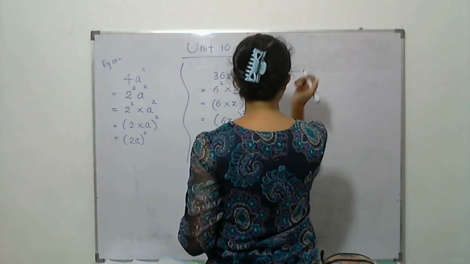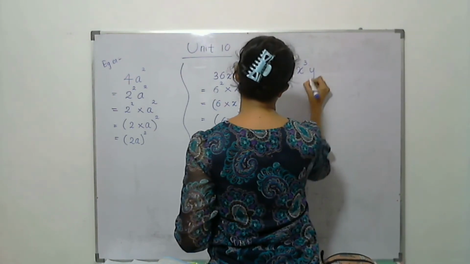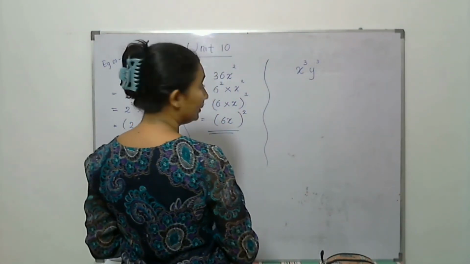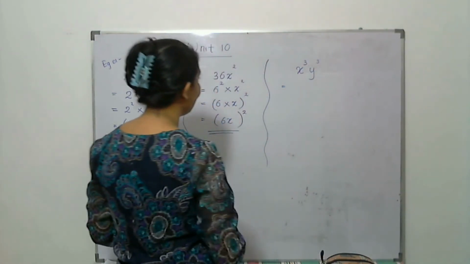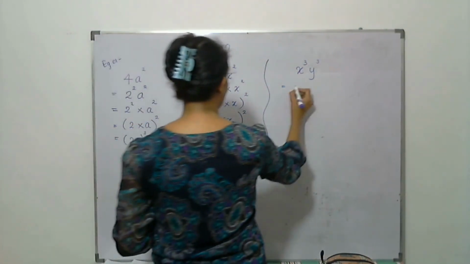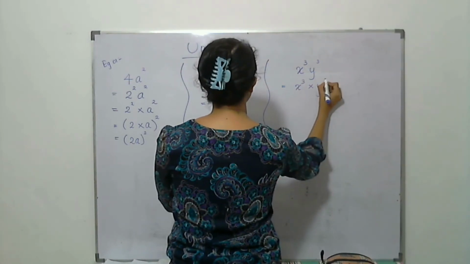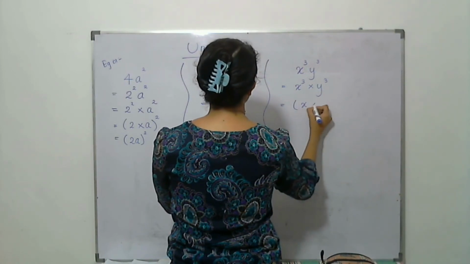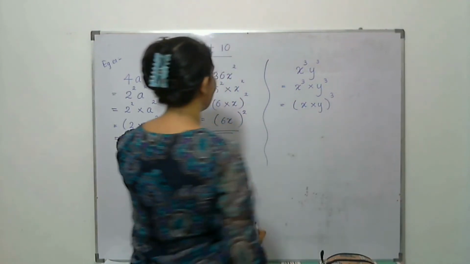Again, let's see this one. Here a multiplication between two unknown terms. Now x to the power 3, y to the power 3. That means x to the power 3 multiplied by y to the power 3. Okay, means x into y to the power 3.